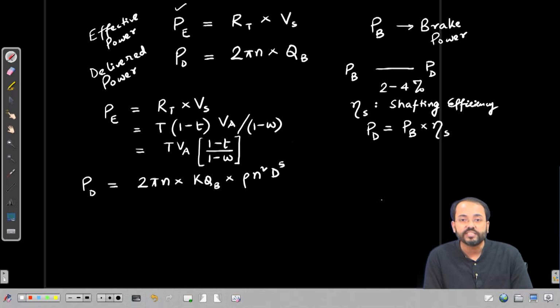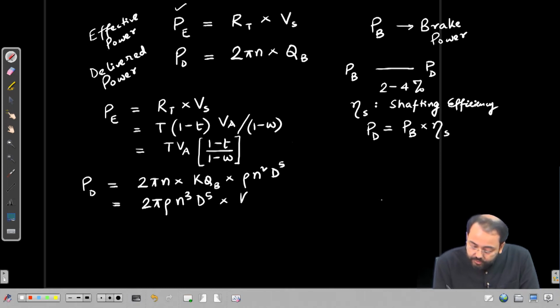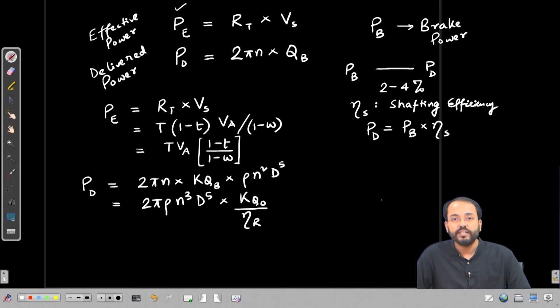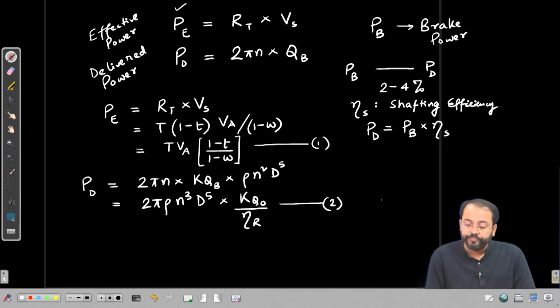If we assume thrust identity, then Kq behind can be expressed as the ratio of Kq0 and eta R. So this is 2 pi rho n cube D to the power 5 into Kq0 by eta R. So, this is equation 1, and this is equation 2.